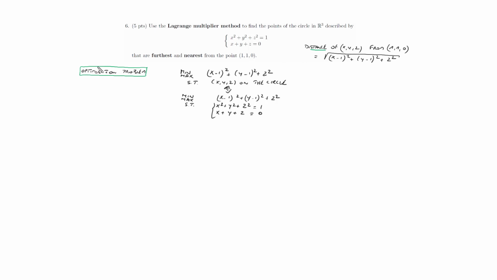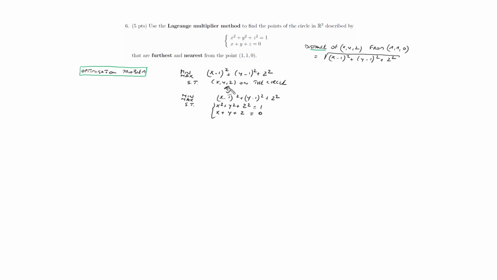So our optimization problem, we can write it like this: minimize or maximize, because we speak of furthest and nearest, the distance squared from (x, y, z) to the point (1, 1, 0), subject to the fact that, of course, (x, y, z) lies on the circle, right?